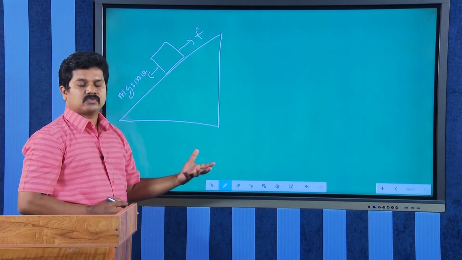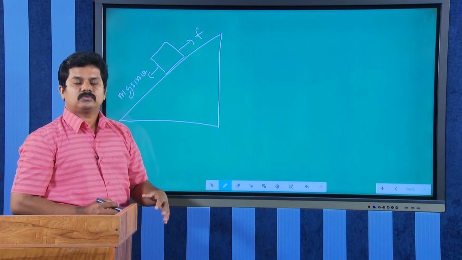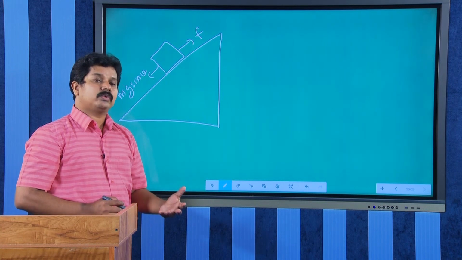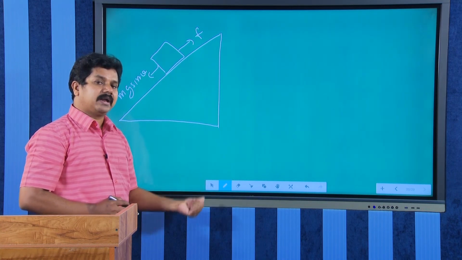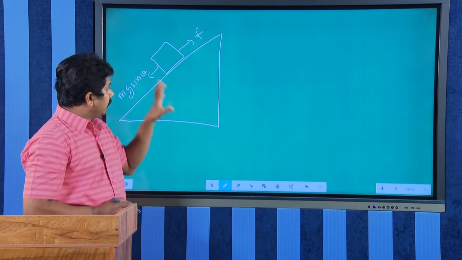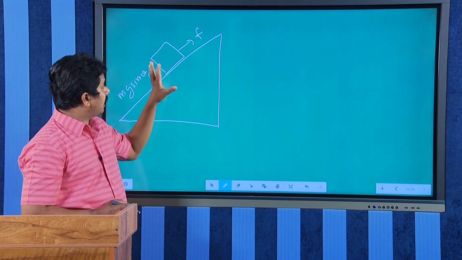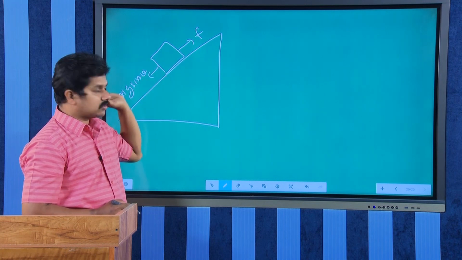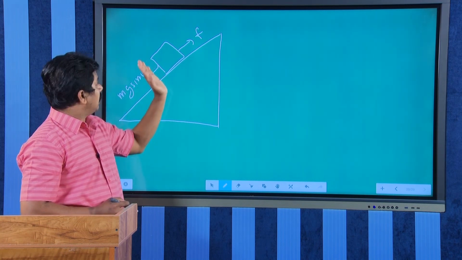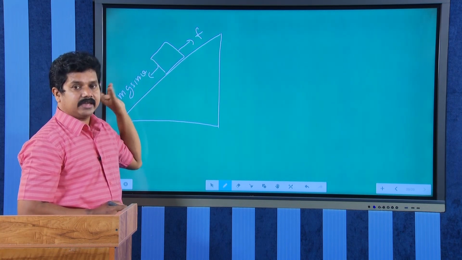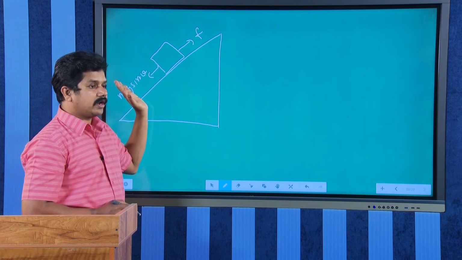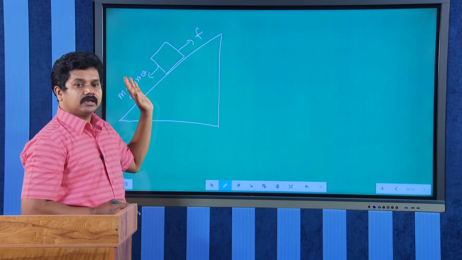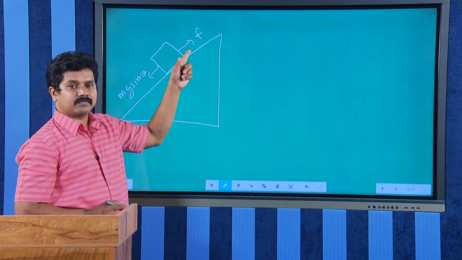Now, the frictional force will not be mu n, right. What will be the value? It will be equal to the applied force. That is, when a block is just placed on an inclined plane and is not sliding, the downward mg sin theta will be opposed by the applied frictional force.